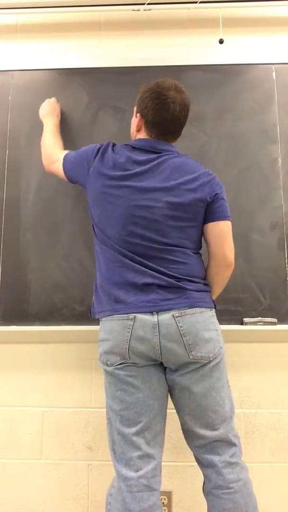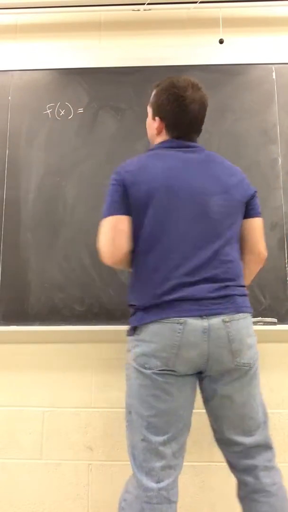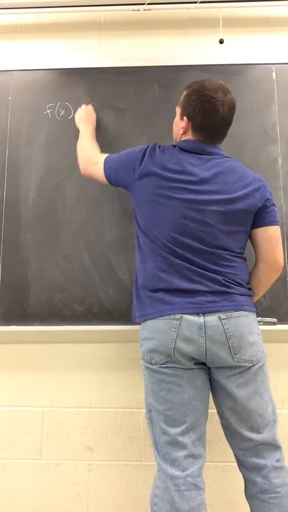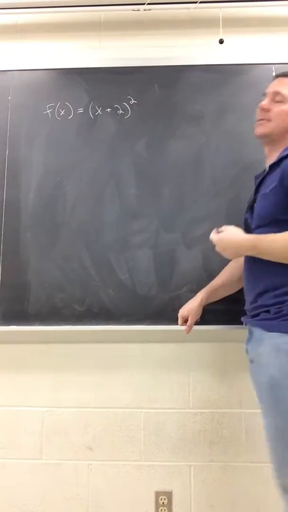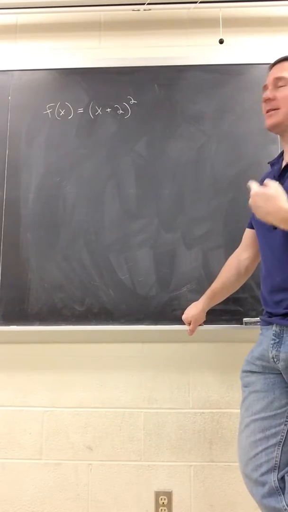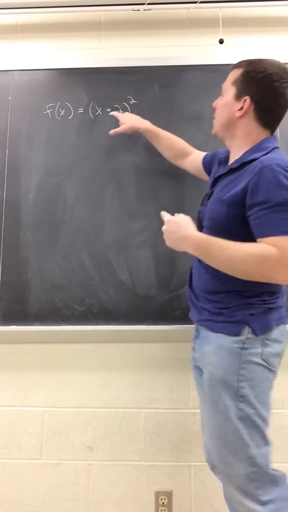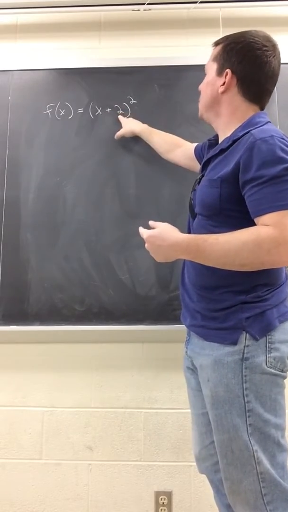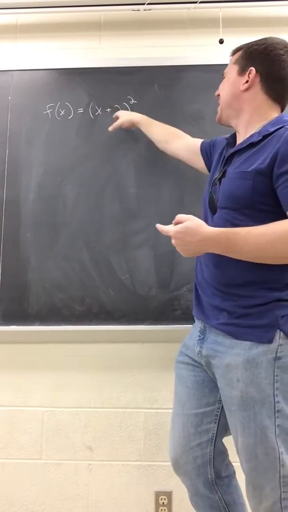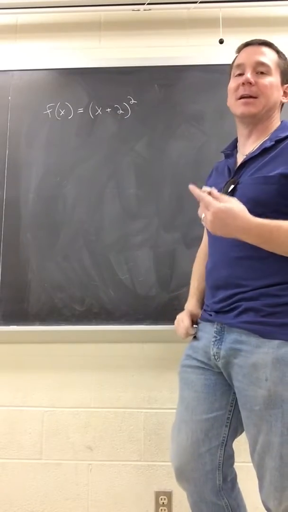Say we get f of x equals x plus 2 squared. Here we see the difference. Before, we would square our x and then add 5. Here we're going to add 2 and then square it. So this is technically inside of the function.